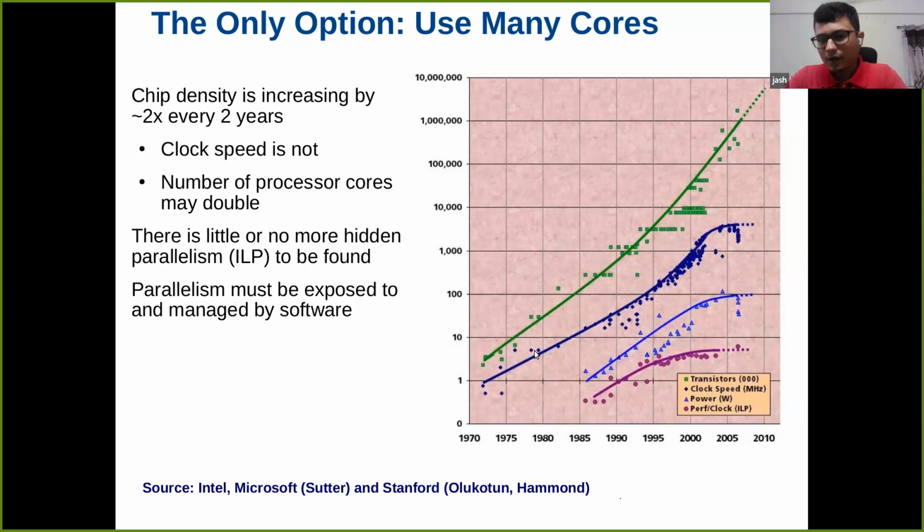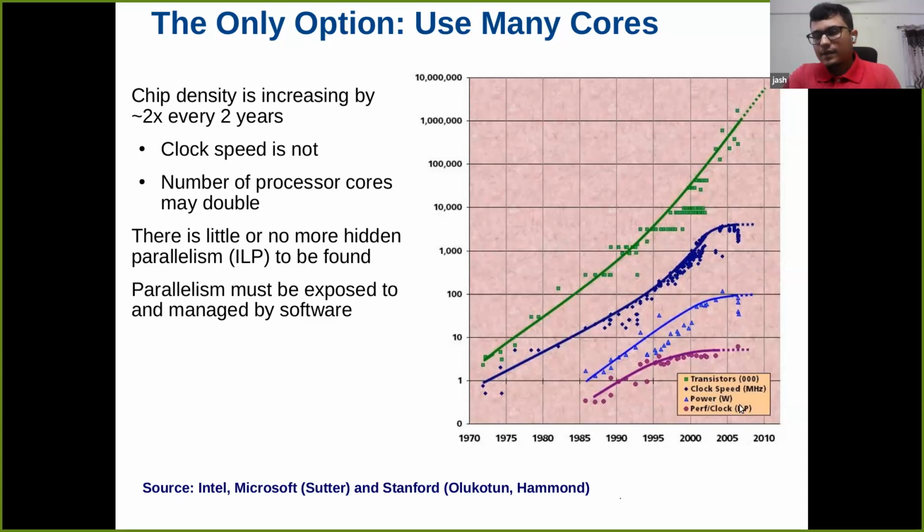But as we talk, the clock speed is now hitting a plateau. We can't increase the clock speed beyond a particular limit. Similarly, the power consumption at the core was also increasing. We can't just keep on going, it will also hit a plateau. It will consume power beyond permissible limits.